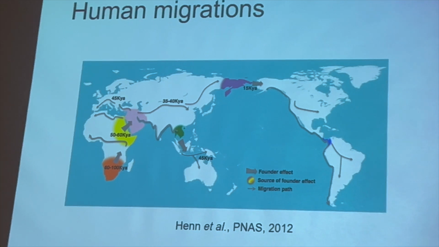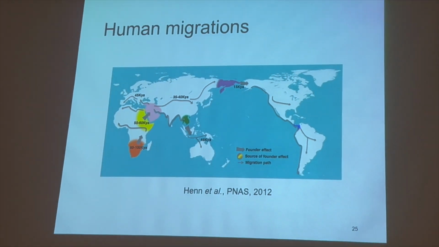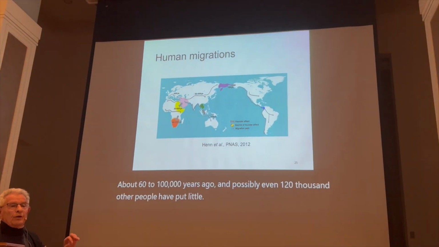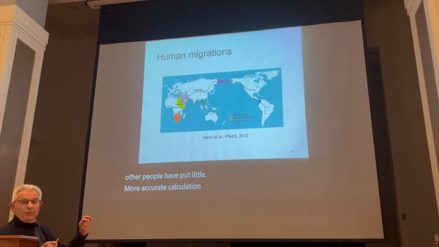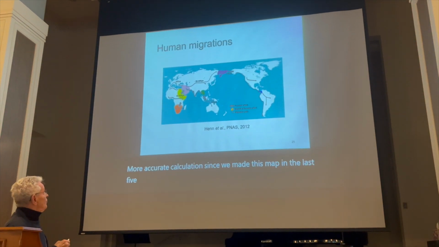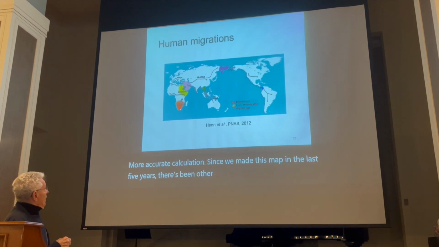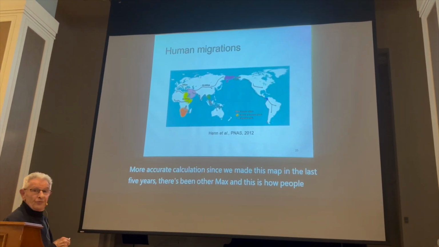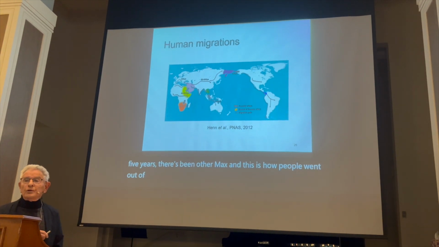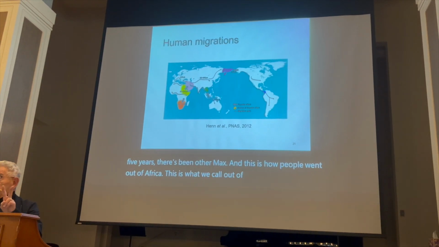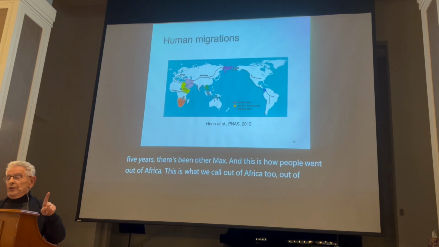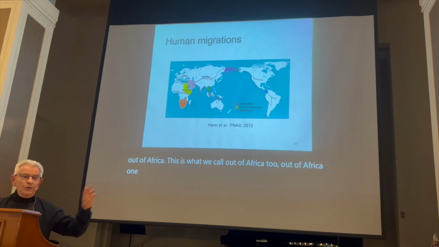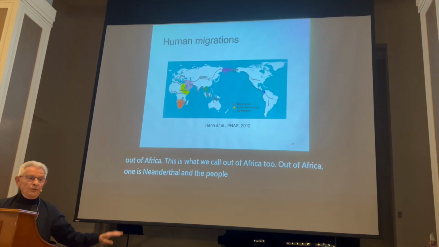Other people have put in more accurate calculations since we made this map. In the last 5 years, there have been other maps. And this is how people went out of Africa. This is what we call Out of Africa 2. Out of Africa 1 is Neanderthal, and the people before 500,000 years ago.